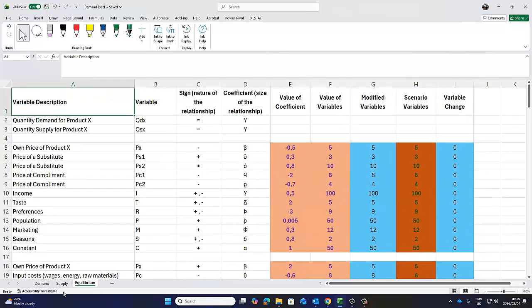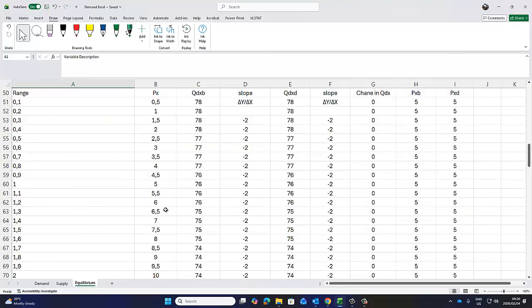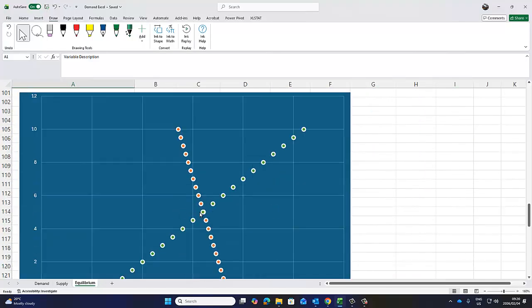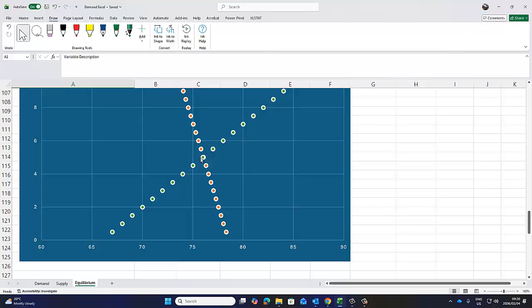Then after we're going to have a lovely Excel-based spreadsheet, which we can model demand changes and supply changes individually, collectively, different sizes, and we can change the coefficients. We can say all sorts of things, and it will give us the instant results to see what happens with equilibrium price and equilibrium quantity.